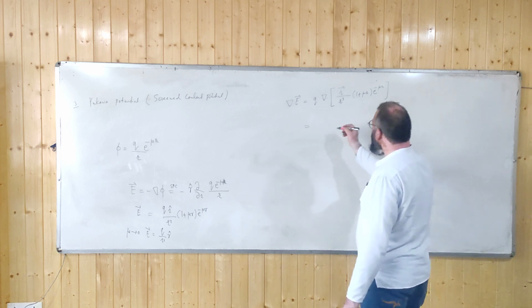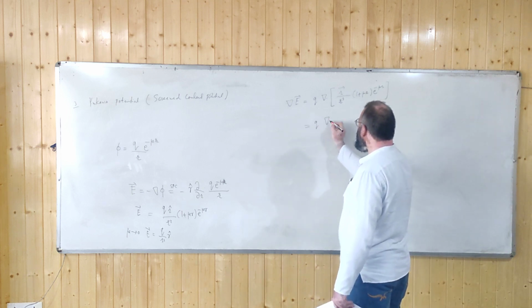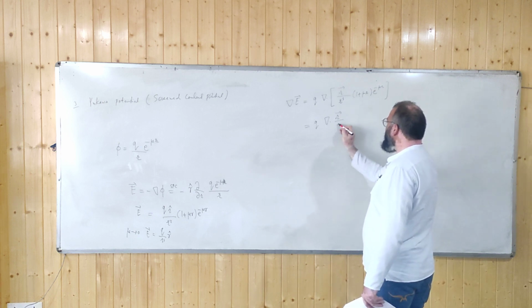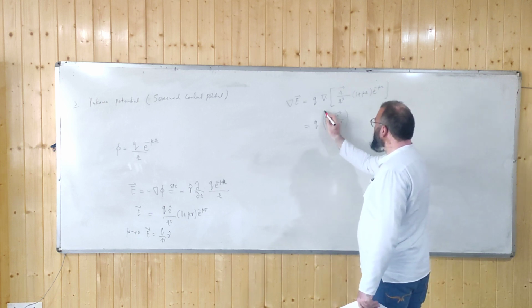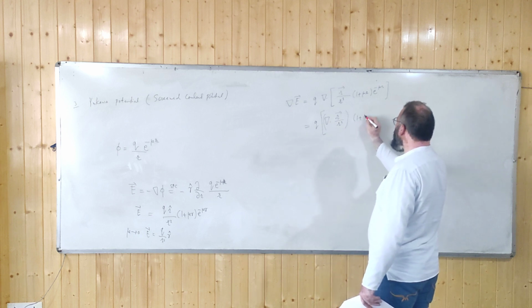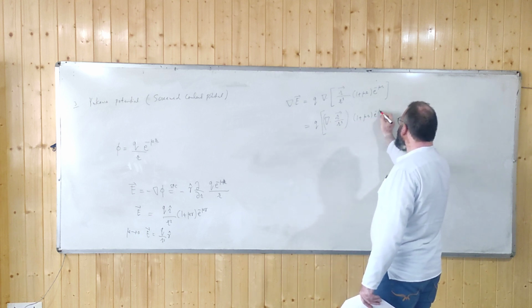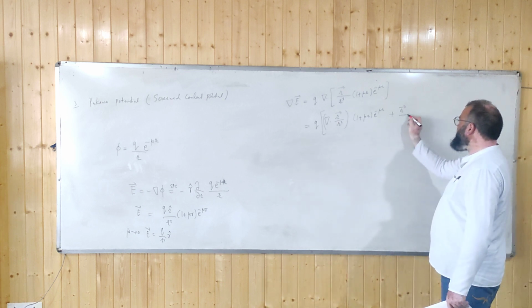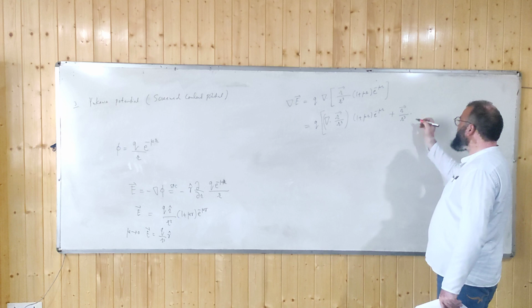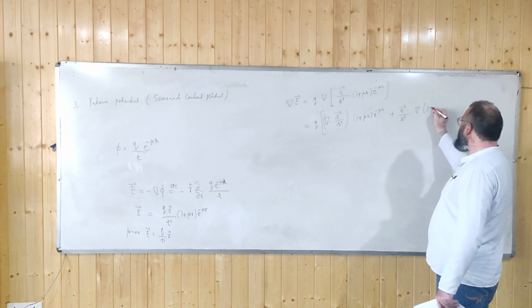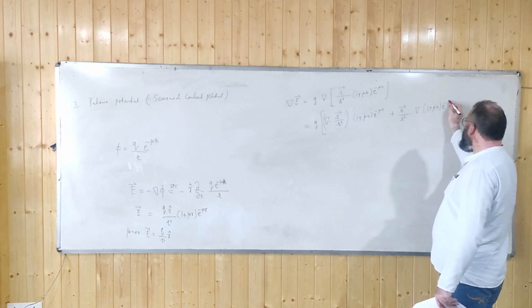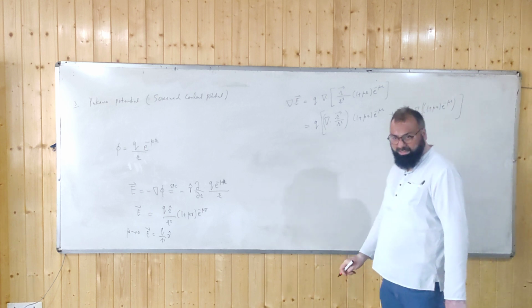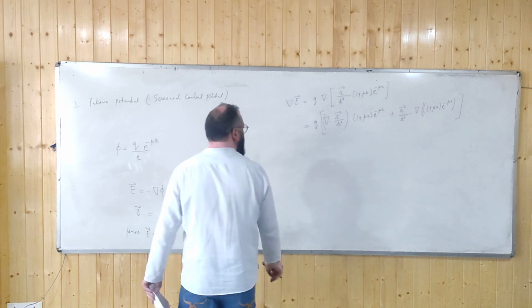So it is the divergence of this vector r by r cube into 1 plus mu r e raised to minus mu r, plus r divided by r cube dot gradient of 1 plus mu r e raised to minus mu r. This formula we have used earlier.